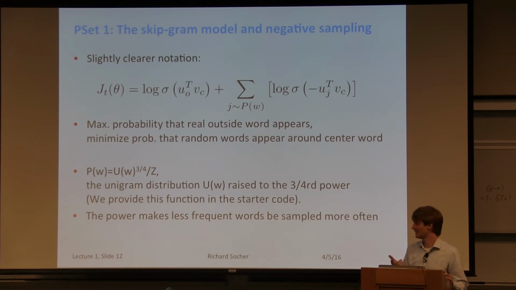You usually have a power law kind of distribution, so the most frequent words appear so much more than very rare words, and we want to attenuate that a little bit. We still encourage slightly more frequent sampling of frequent words, but not as frequently as they actually appear in a corpus.